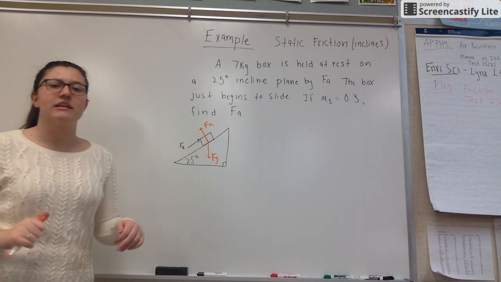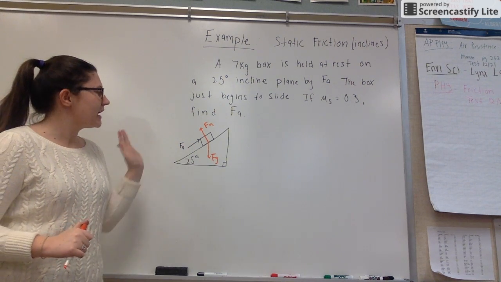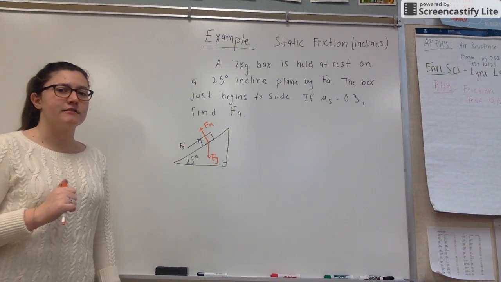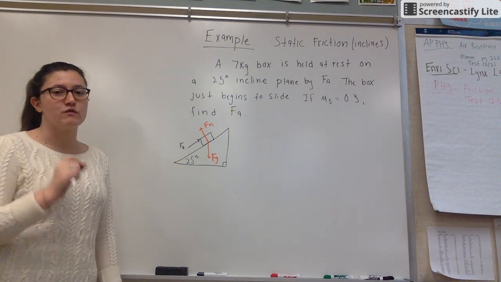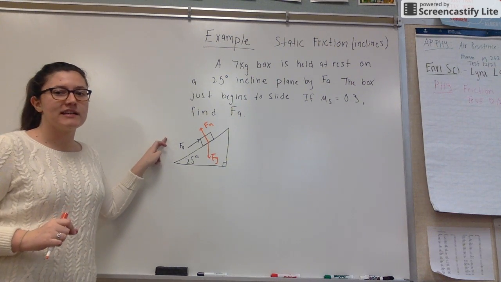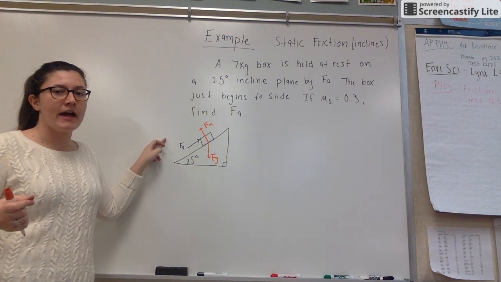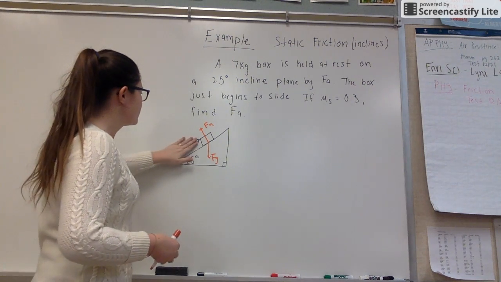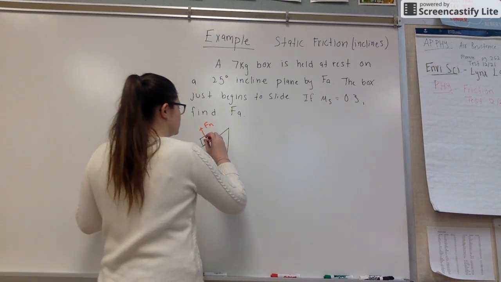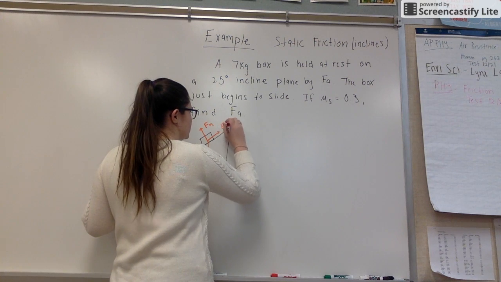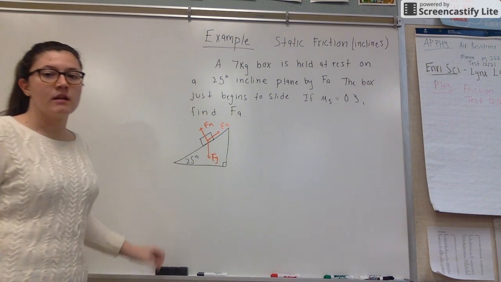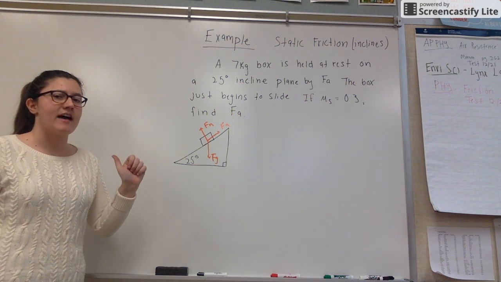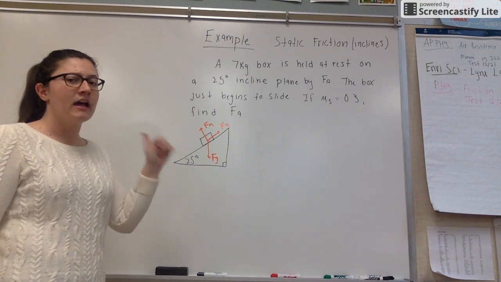It might be hard for you to tell here, but the applied force is working up the incline, which means that it technically is pointing to the right. So I'm going to erase this F applied and redraw it so it's a little bit less misleading. So force applied is going to be up the incline to the right. Opposing that force applied is the force of friction to the left.